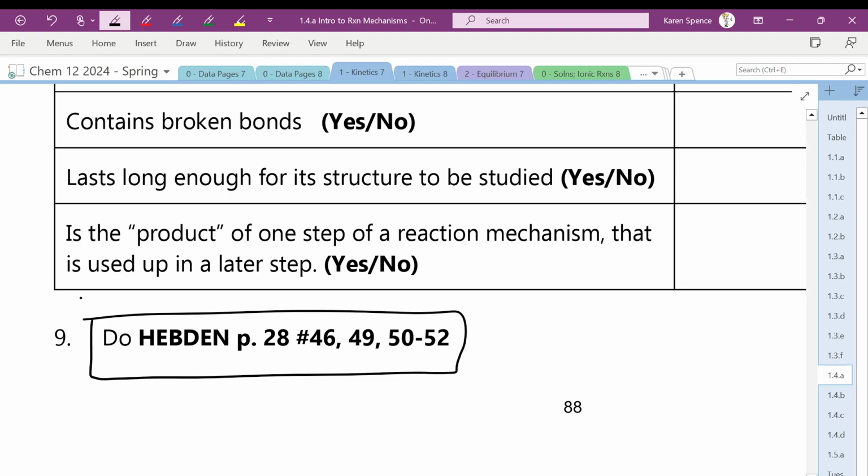Either you have it at home, or it's back there, or actually it is online as well. Okay, so your Hebden should probably be at home. Just take it home and leave it there. But if you are at school, and let's say it's tomorrow morning during Flex and you want to work on those, at the back of the classroom on that bookshelf, there are extra copies. Okay? So do those for homework.